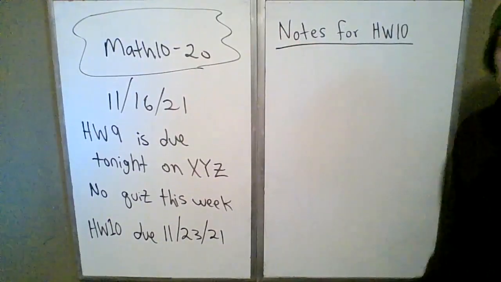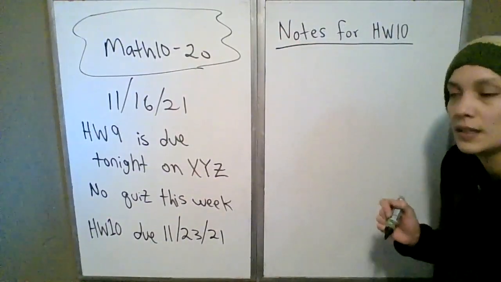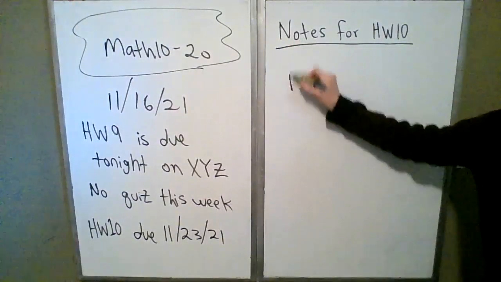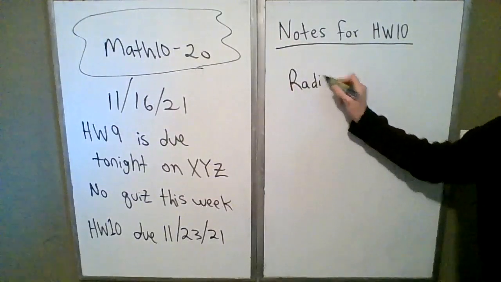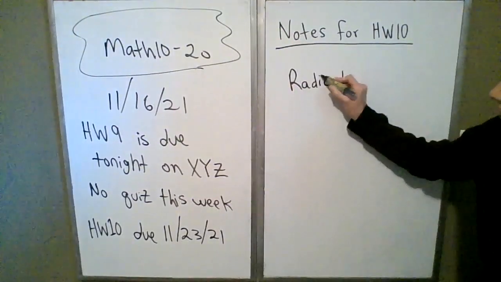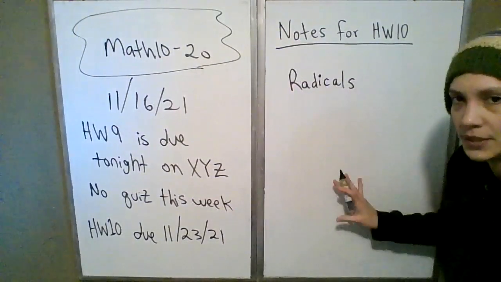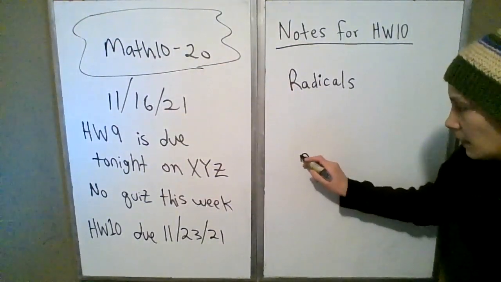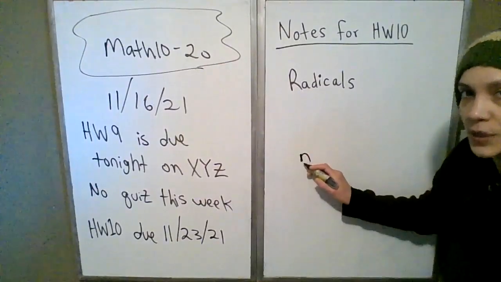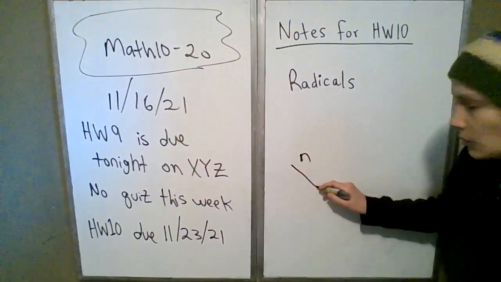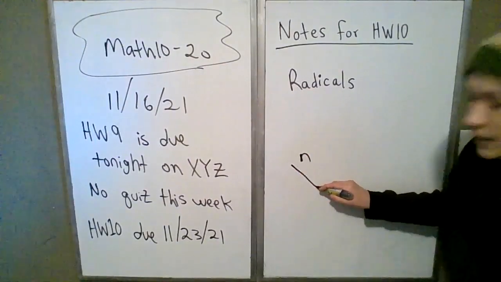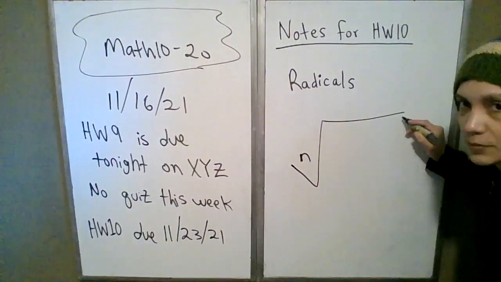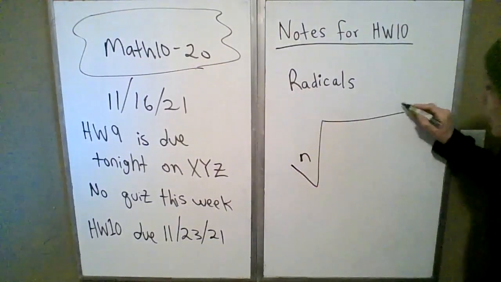Okay, so just to introduce this topic, the things we're talking about are radicals. Let's go ahead and put up some of the notation. This n is going to be the root. We'll talk about values of n in just a minute. The sign I just drew is the radical sign.